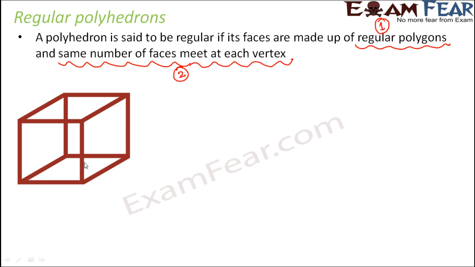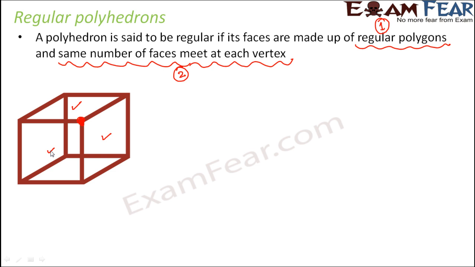That means, let's think of this cube. So think of any vertex. Let's say I am assuming this vertex. So if you look at this point, how many faces share this vertex? If you see the top face, the side face and the front face, 3 faces share this vertex.